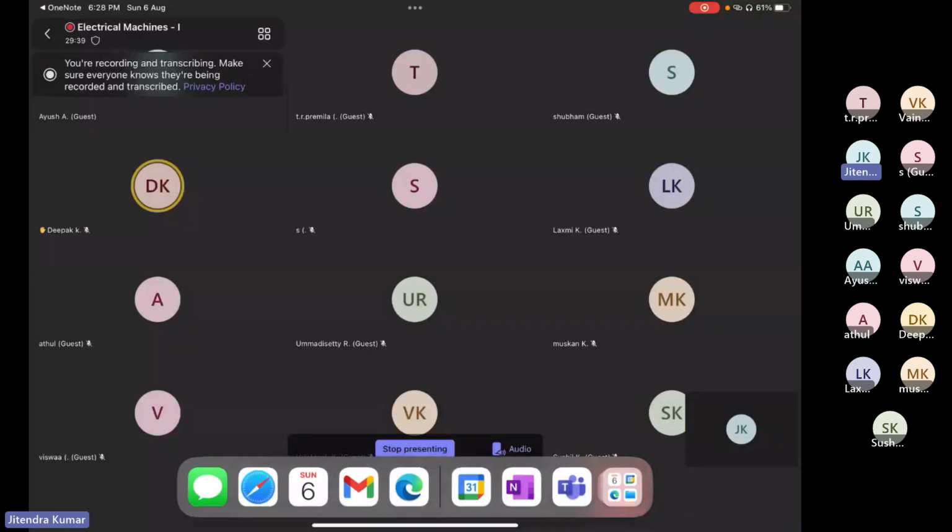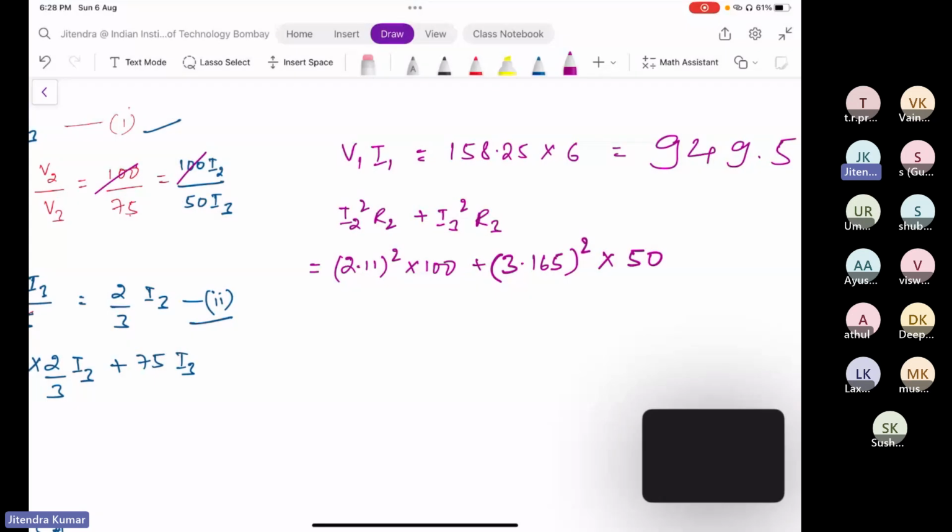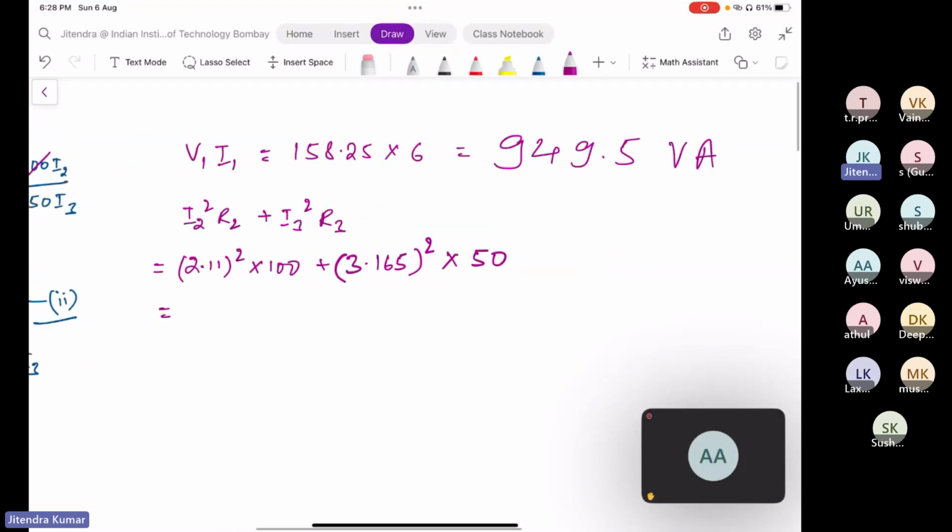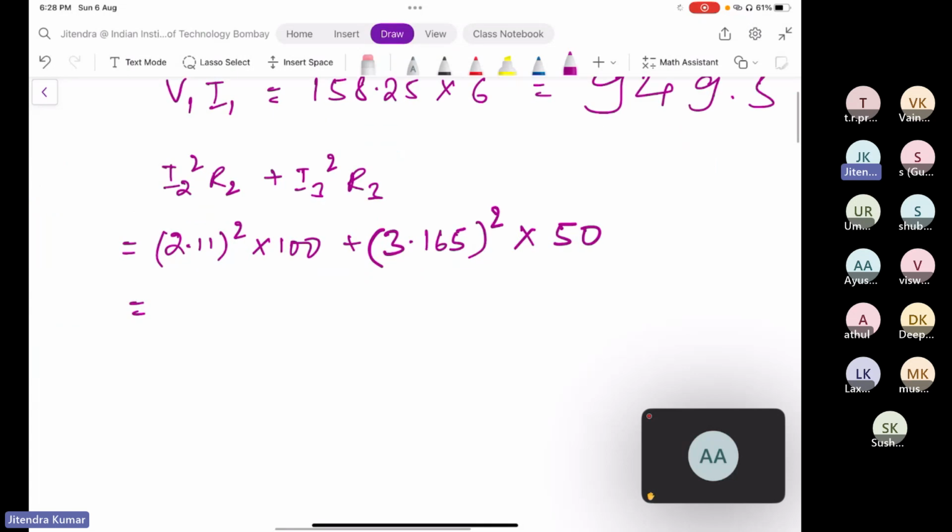You also please calculate side by side. So please compute it for me. Let's compute this value. 946.07. 946.07 watt.